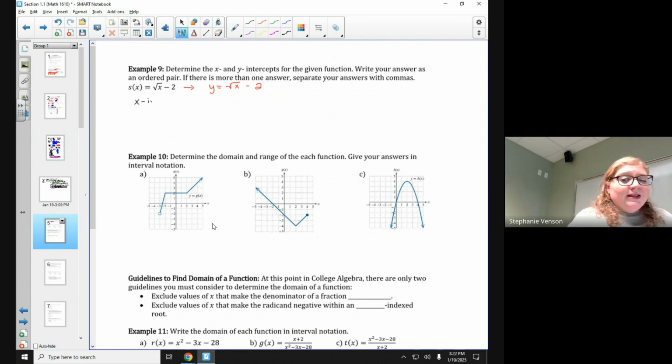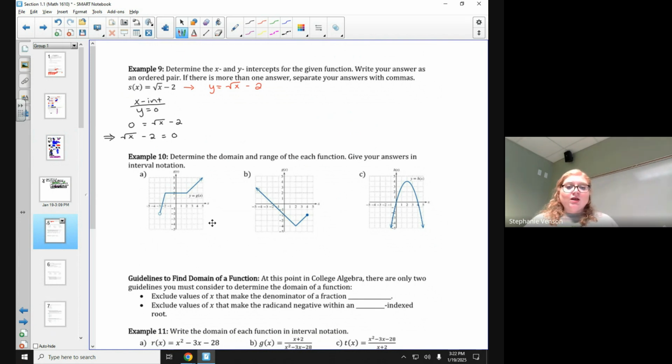So now we're going to find the x-intercept, which is where we let y equal 0. Okay, so that would be 0 equals the square root of x minus 2. That's the same thing as the square root of x minus 2 equals 0. Adding 2 to both sides, I get square root of x equals 2.